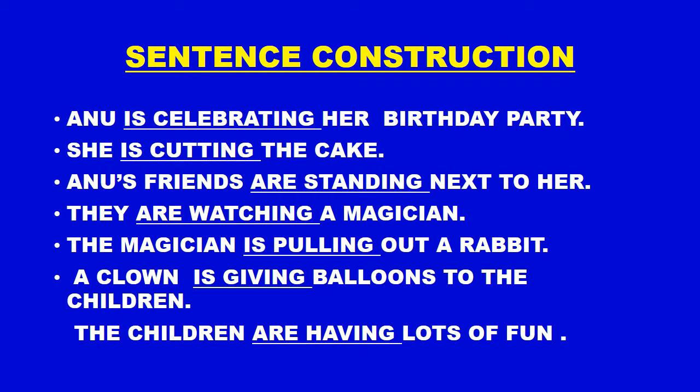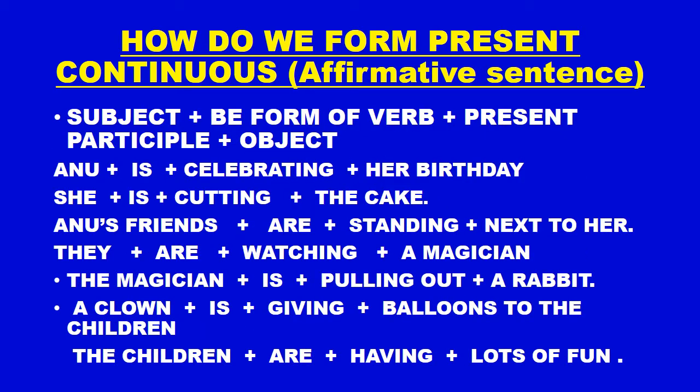So now you can see how we form present continuous in the affirmative sentences. Affirmative sentences means the positive sentences. First comes the subject. Anu is the subject. Then comes the be form of the verb. Be form of the verb means is, am, or are.